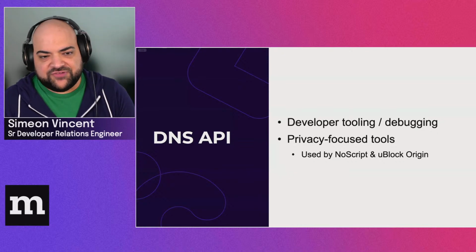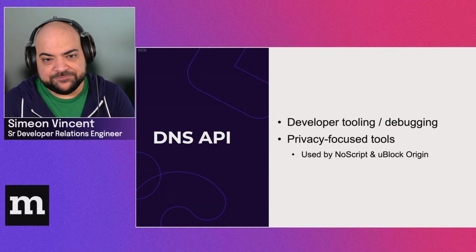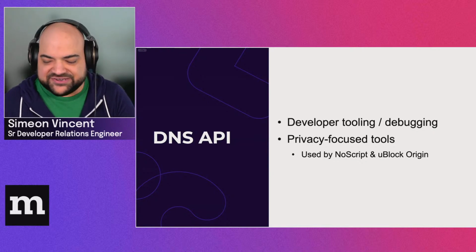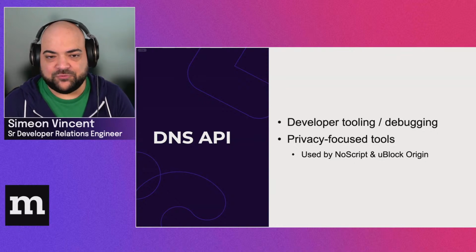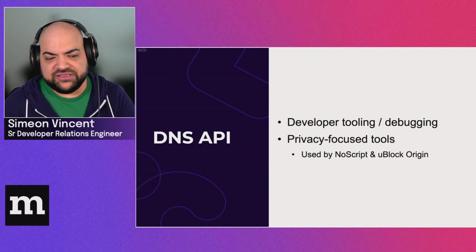Another Firefox-only API is the DNS API. Now, on the surface, DNS isn't necessarily the most interesting technology, but for privacy-focused extensions, this can be an incredibly useful tool.